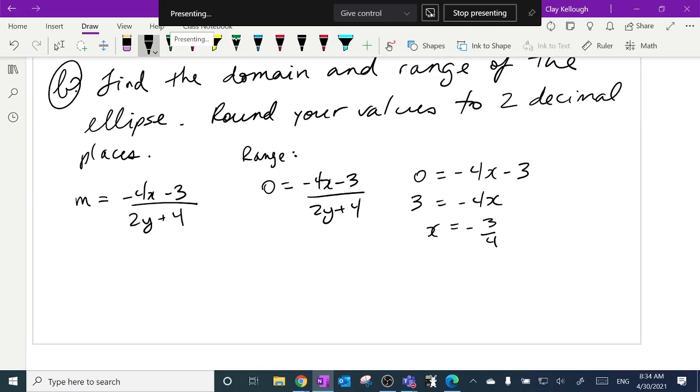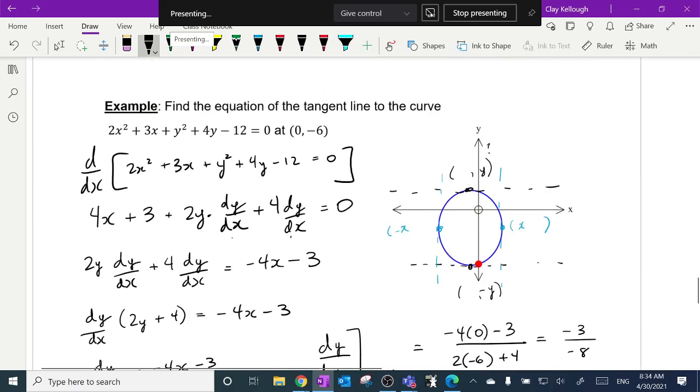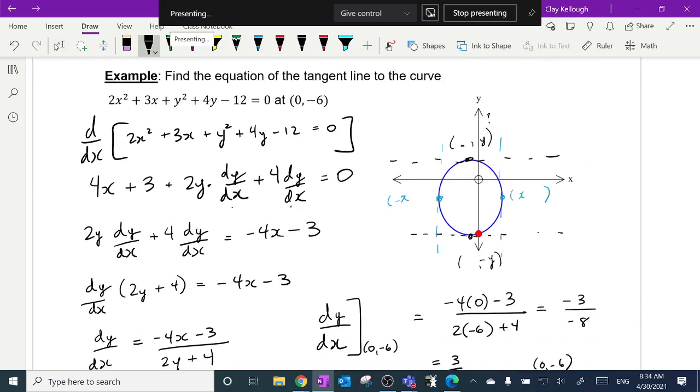But the range is the y coordinate, not the x coordinate. Correct? Think back to the diagram. What did I just figure out? I just figured out what this number and this number is, the same x number here. So I figured out the x coordinate.